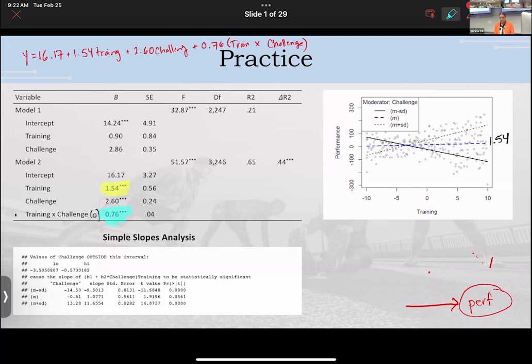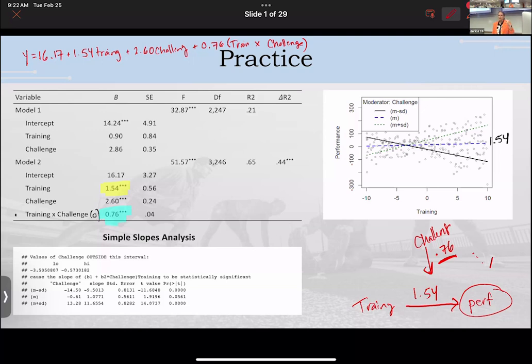So the starting slope is 1.54, and as challenge goes up, I literally have to think about it as a bump. If this is training, here's its nice little 1.54 sitting there. In comes challenge and its change, and it hits that 1.54 and changes it by this much. So that 0.76 gets added on to 1.54.